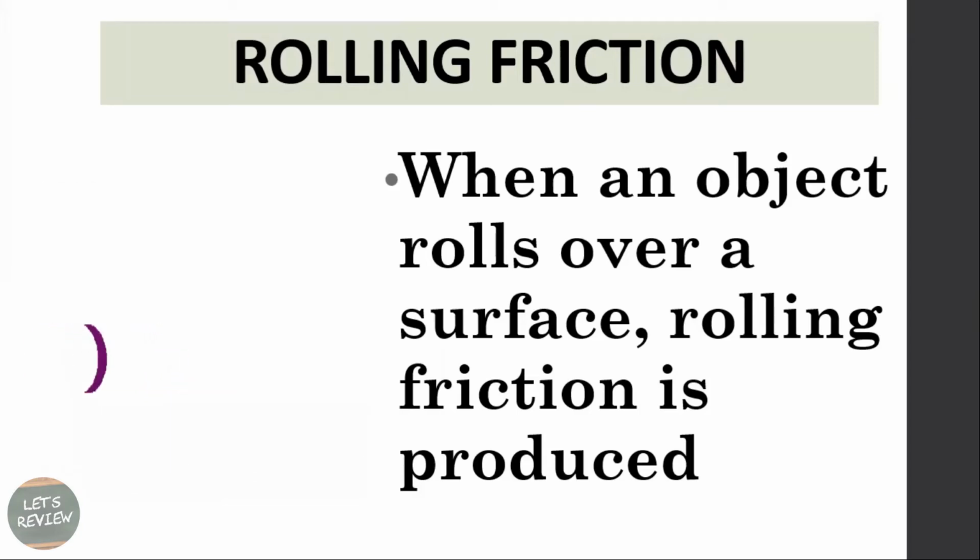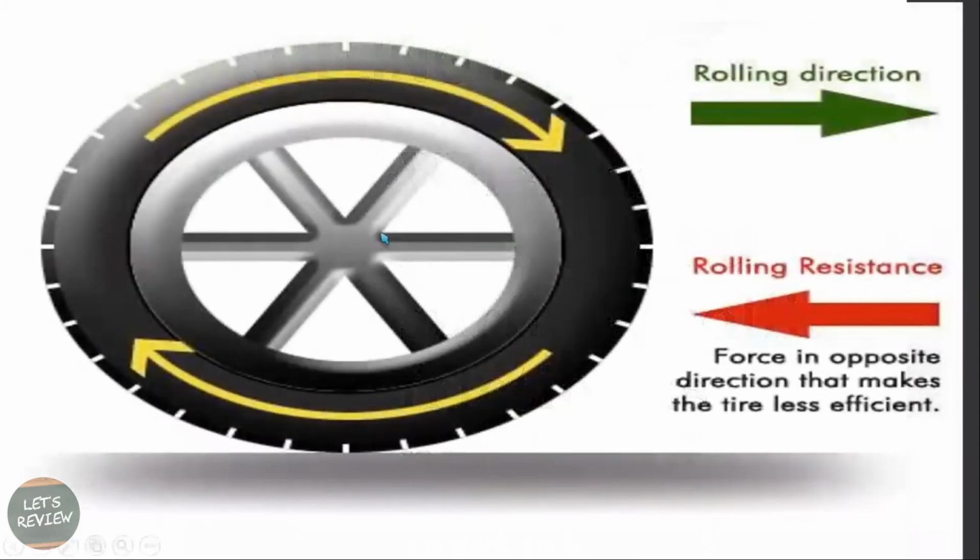Like what I said, you consider the surfaces of the two objects, and if they are rough, the rougher the surface, the greater the frictional force. So if this object is rolling on the ground with a rough surface, then this object will stop from rolling. Again, we call that rolling friction.